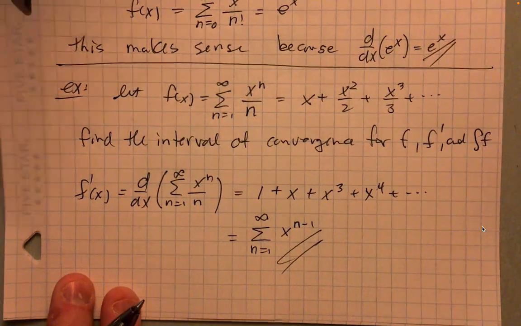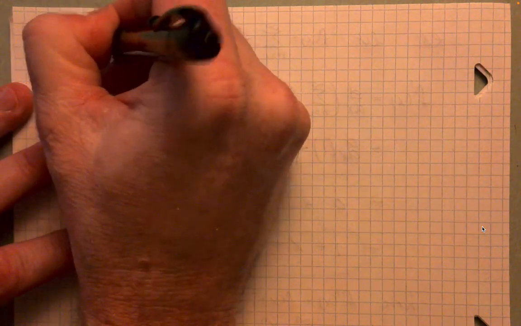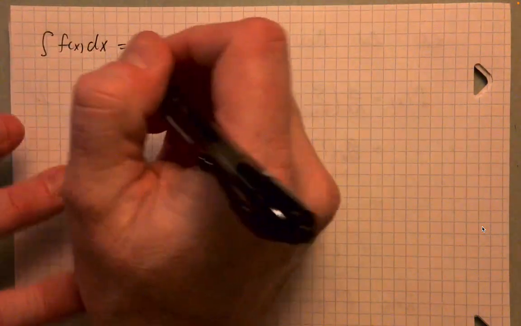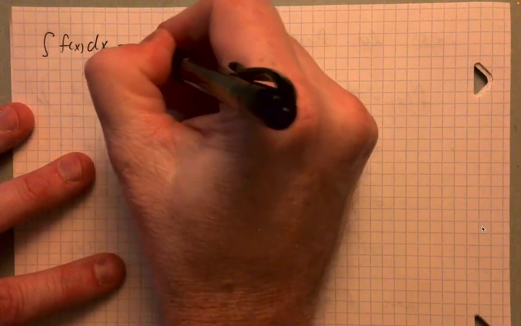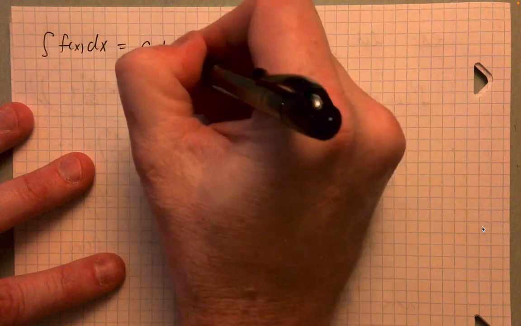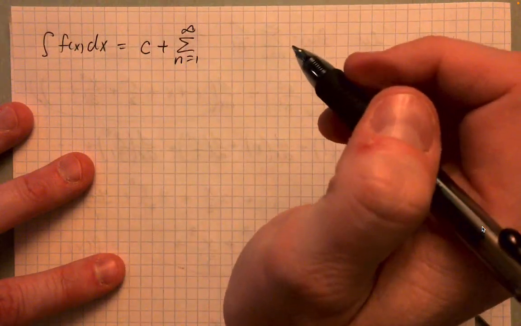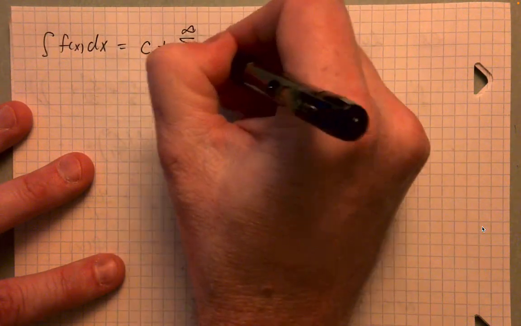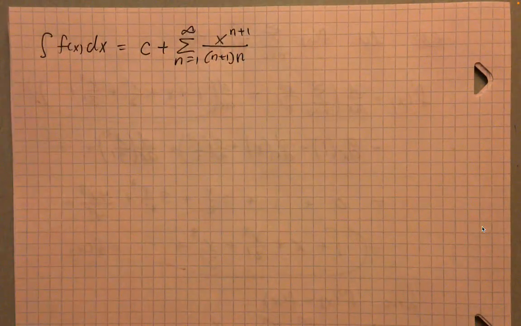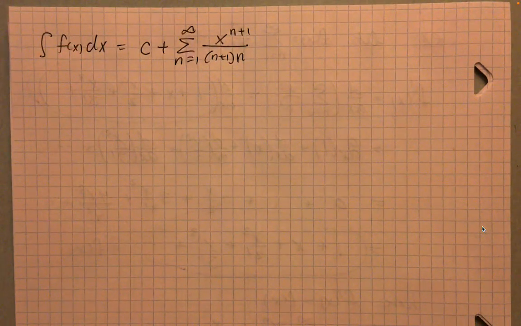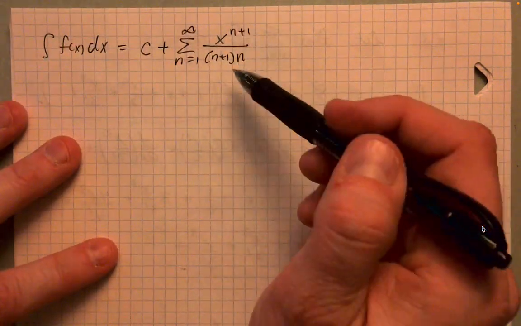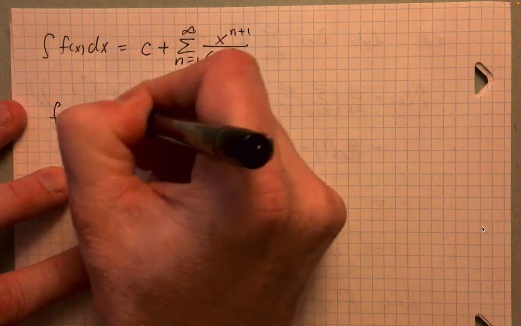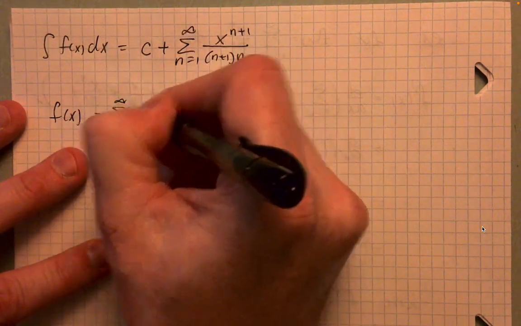Now, what about the integral? Let's calculate the integral of f of x dx. Using the form, we know this is going to be c plus the sum from n equals 1 to infinity of x to the n plus 1 over n plus 1 times n. Remember the original function f of x was the sum from n equals 1 to infinity of x to the n over n.